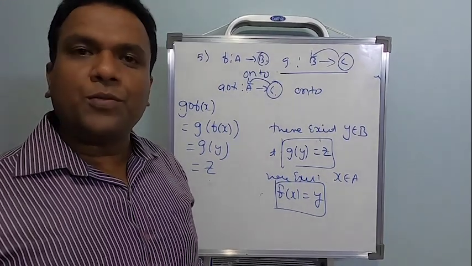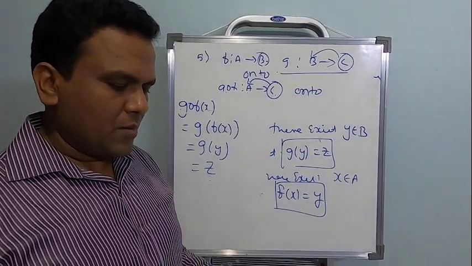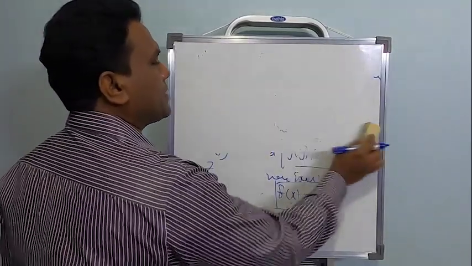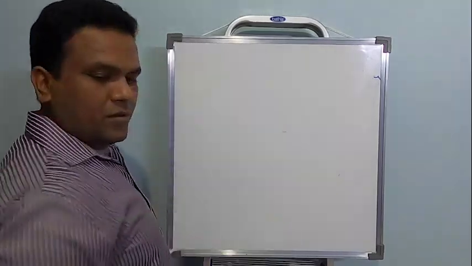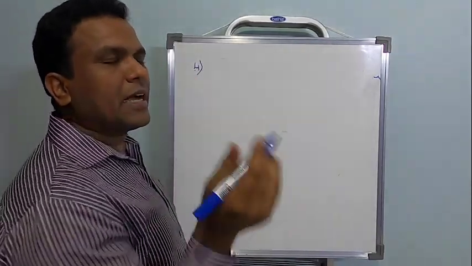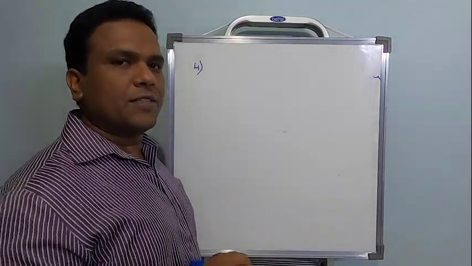So now let's move on to the next one. Problem number 6 and problem number 7. I just want to recapitulate the fourth and the fifth one, because the next two are the converse of these two.